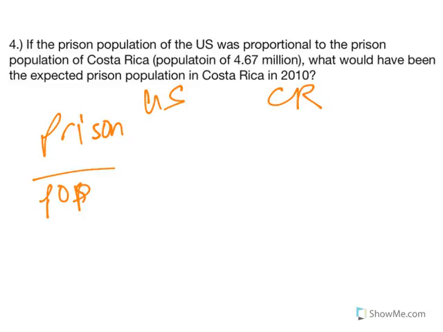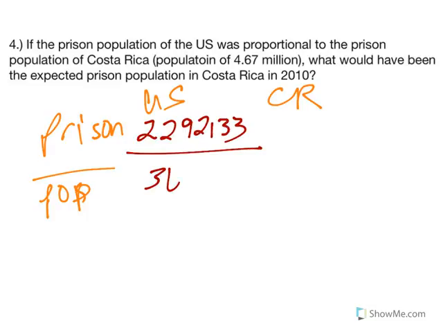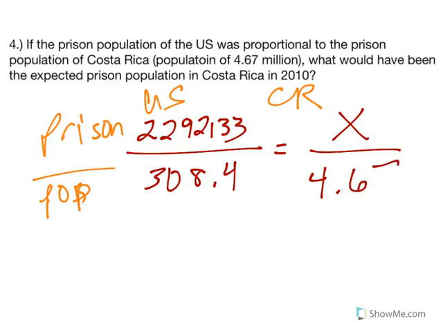So we know that the U.S. has 2,292,133 over 308.4 million people. We don't know how many prison people Costa Rica has, but they do have 4.67 million people. Since the populations are both in millions, we don't have to do anything else with that.